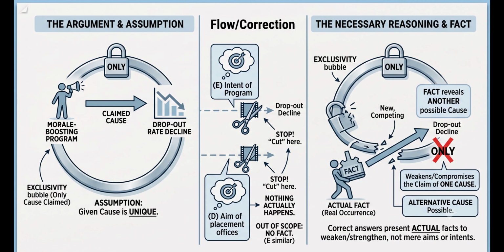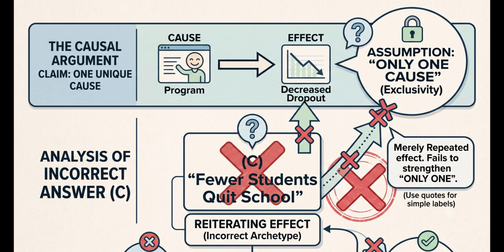Okay, let's move on to C. C. In the preceding year, more high school students remained in school than dropped out. Alright, there was no illicit shift in scope, certainty, or quantity that particularly stood out, so we read till the end. C is the classic reiterating cause or effect, an often appearing incorrect answer archetype. In this case, C is restating the effect that fewer pupils quit schooling.